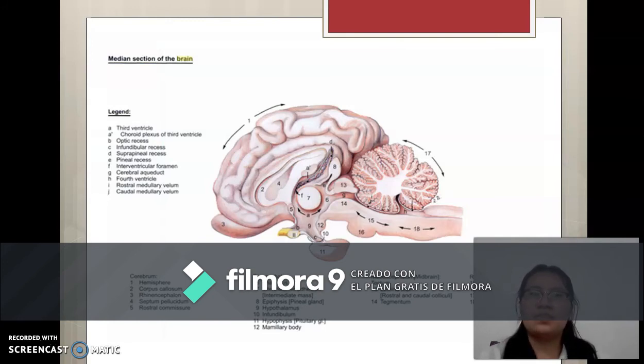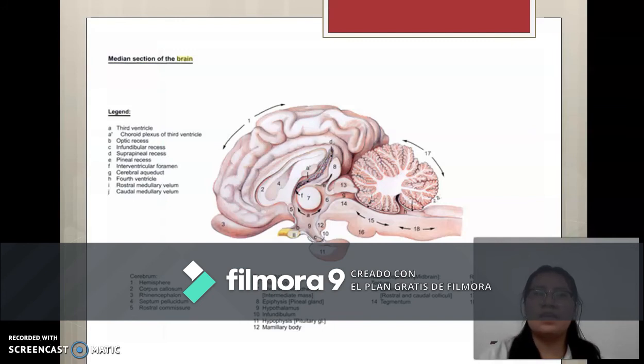Then we have the epiphysis, which is a small endocrine gland in the brain of most vertebrates. It produces melatonin, a serotonin-derived hormone which modulates sleep patterns. We also can see the hypothalamus, which is a thin plate of neural tissue and is involved in several functions like hunger, thirst, body temperature, reproduction, sexual behavior, and much more.